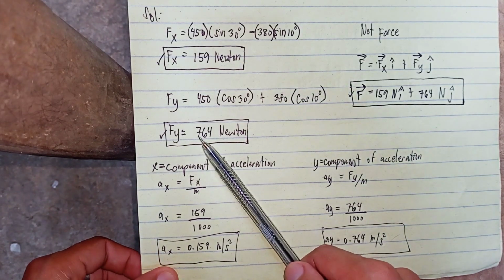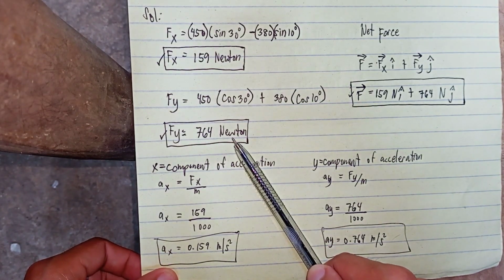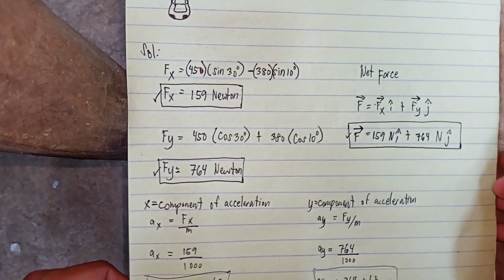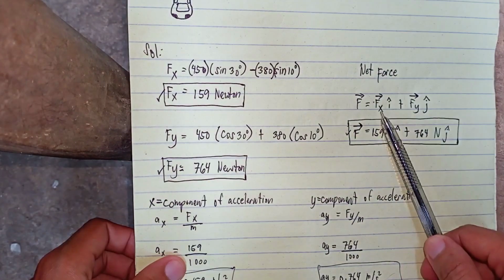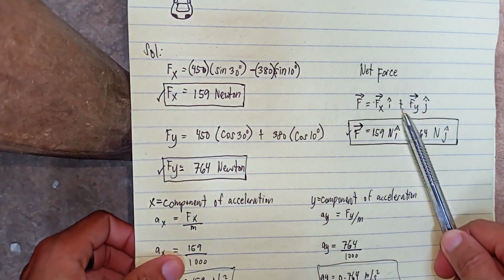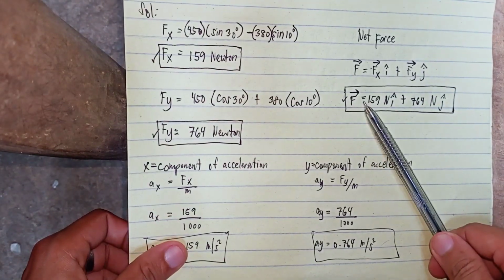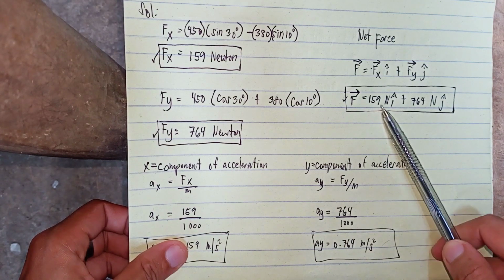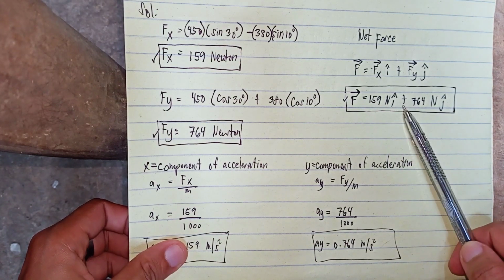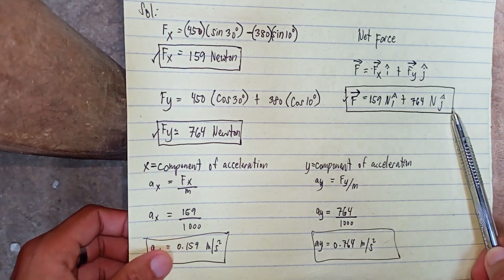So Fy equals 764 Newton. For net force, Fx i plus Fy j, so the net force here equals 159 Newton i plus 764 Newton j.